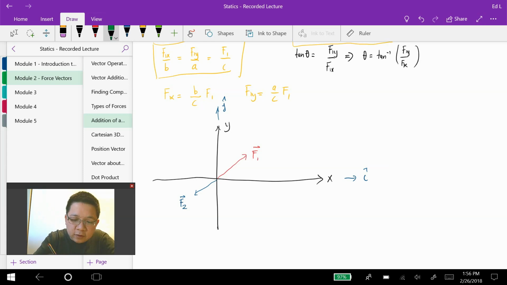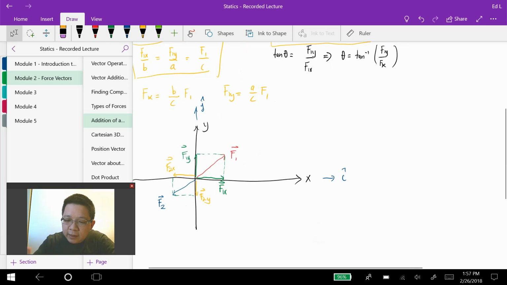From these forces I can find their components with respect to the x and y axes. So in here I have F1x, here I have F1y, and then here I have F2x, and then here I have F2y.